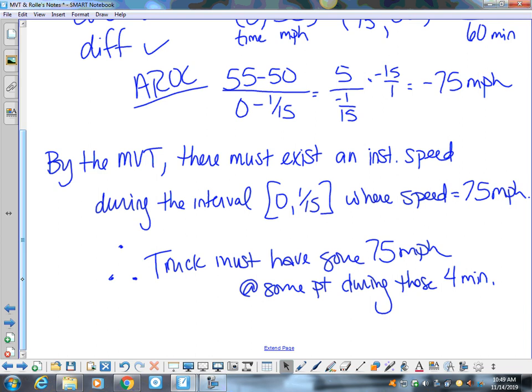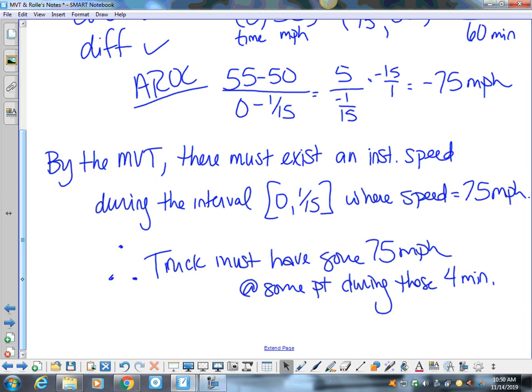If he started at 50, he was clocked at the beginning at 50 and ended at 55, and we just proved that at some point he goes 75. Can't we also conclude that he went, I don't know, 70 miles an hour at least twice? Once on the way up to 75 miles an hour and once on the way back down from 75 miles an hour.